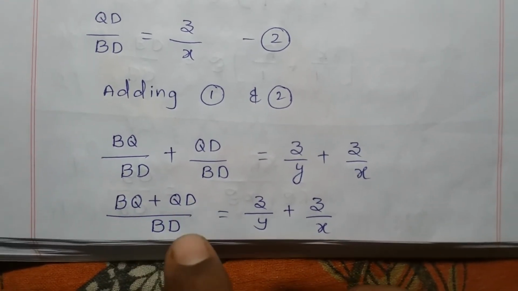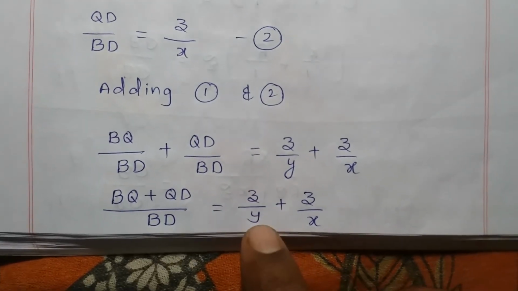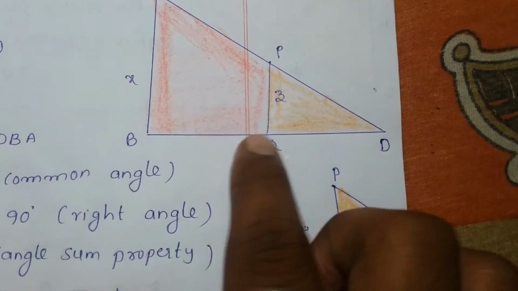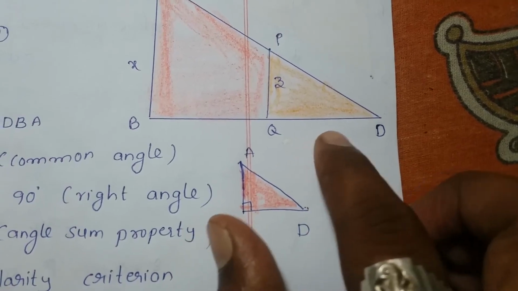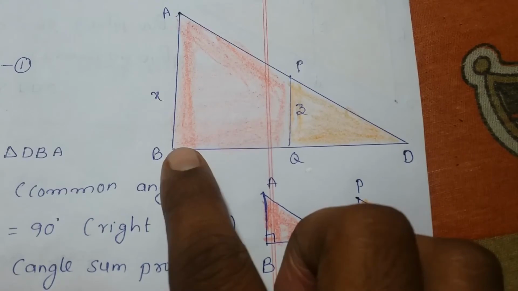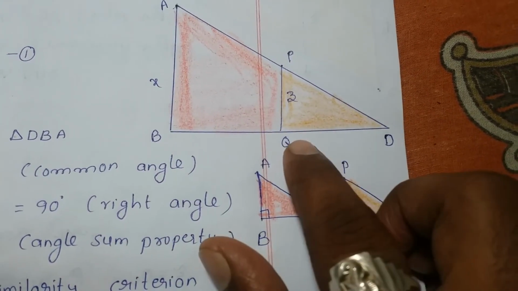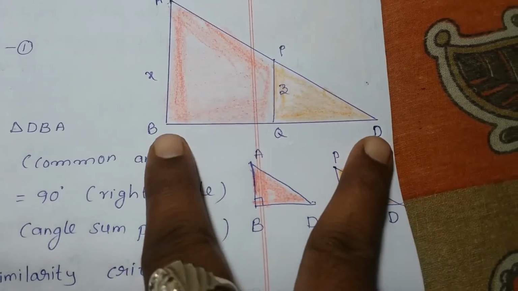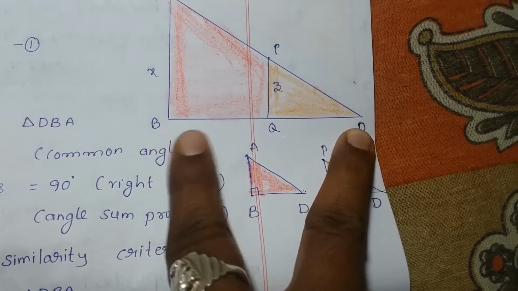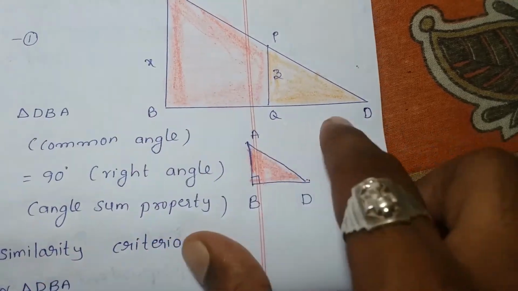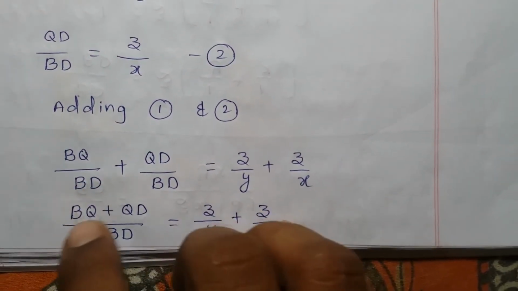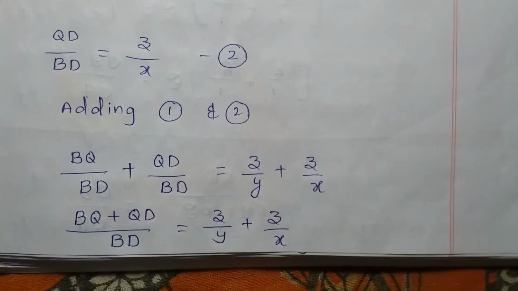BQ plus QD by BD equal to Z by Y plus Z by X. Here BQ plus QD is nothing but the length of BD. Just observe carefully. BQ plus QD is nothing but length of BD. I will replace this BQ plus QD with BD in the next step.